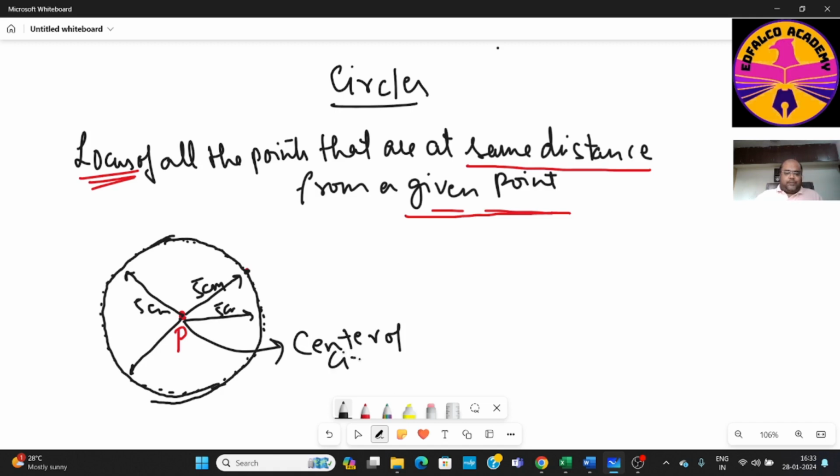Then this constant distance, for any point that lies on the circle, in this case 5 centimeter, is nothing but the radius of the circle. So a circle can be defined if I know the center and the radius of the circle. With these two things known, I can always define a circle.